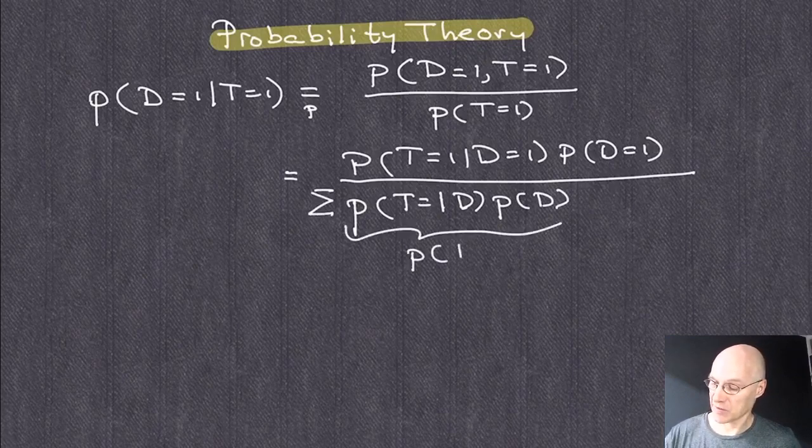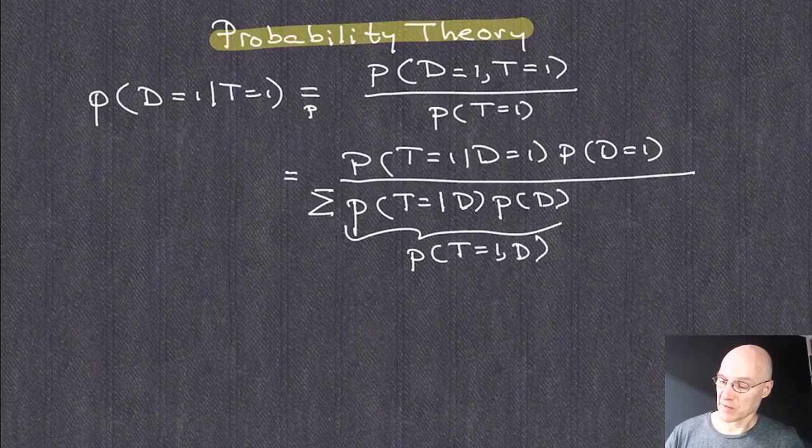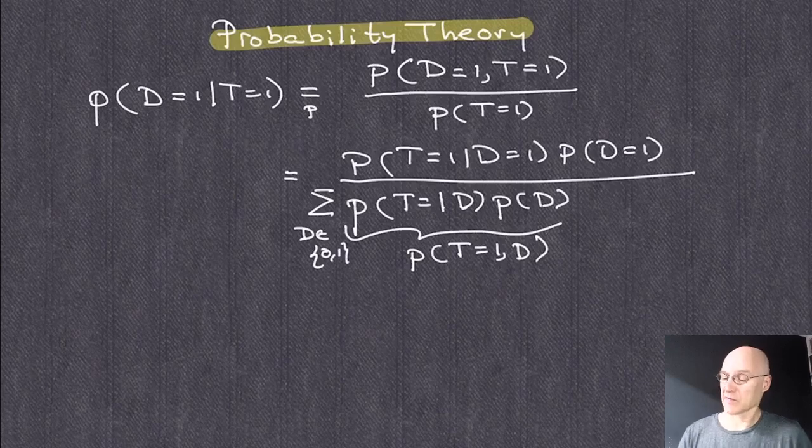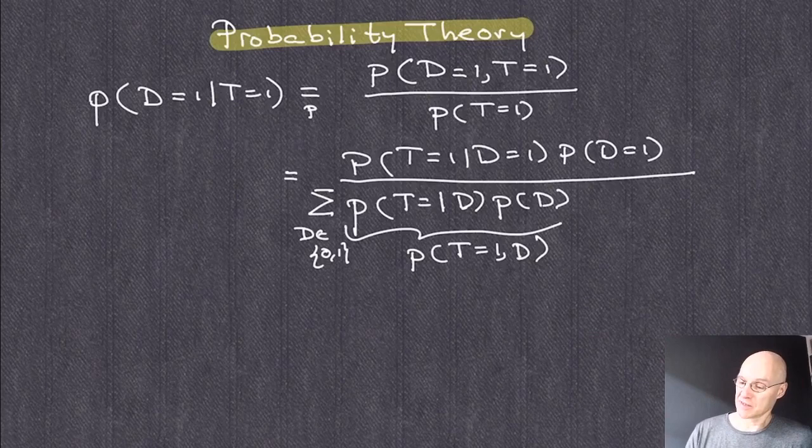This is really the probability t equals 1, over all values for d, right?